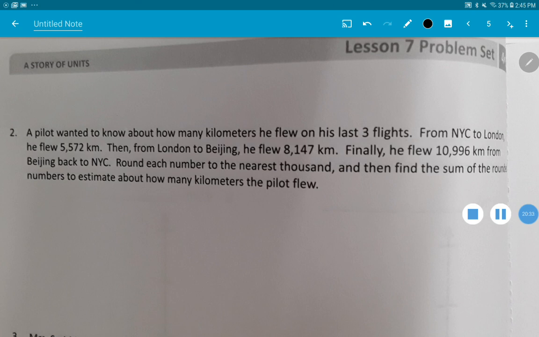He started in New York City, and he flew from New York City to where? London. And then he flew from London to Beijing.